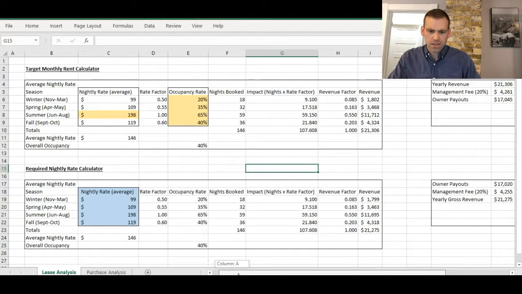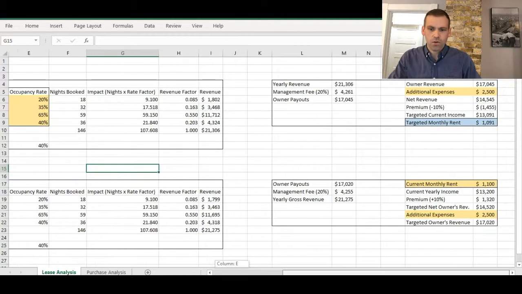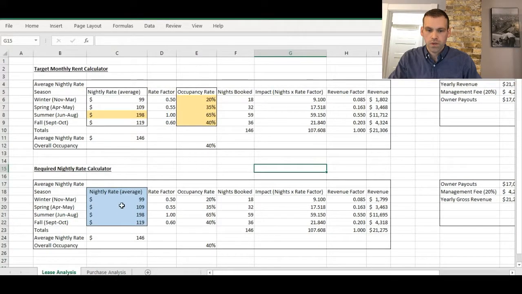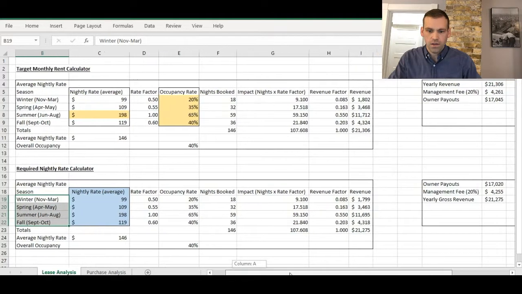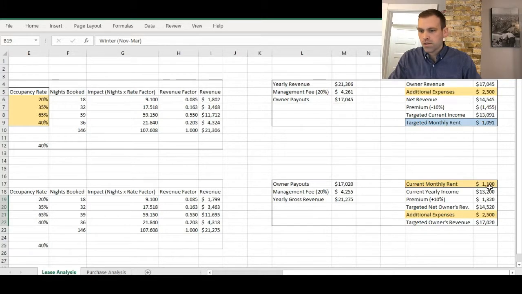So if we are going to assess a landlord's current rental unit, and we want to find out how much we need to generate on a nightly basis throughout the different seasons of the year in order for this to make sense, what we do is put in the rent that the landlord is currently getting, or what they're trying to get.